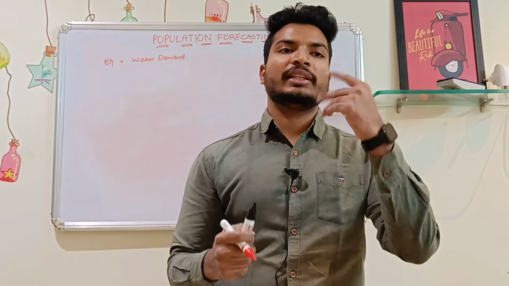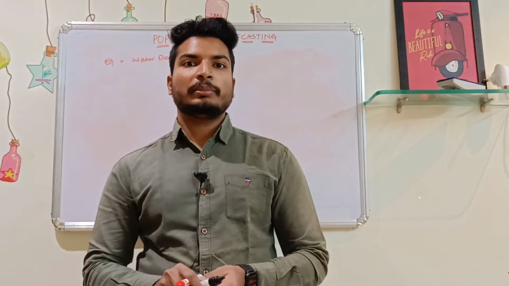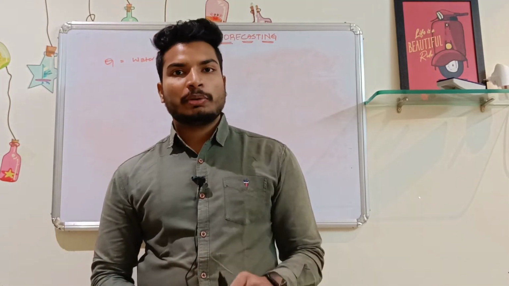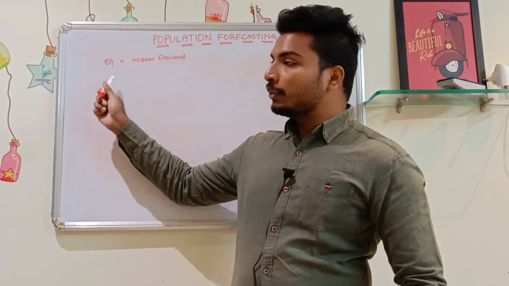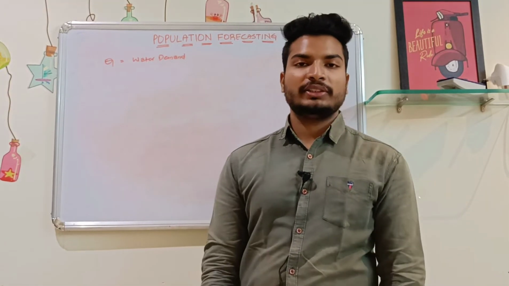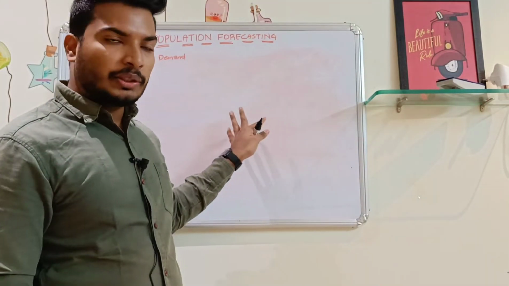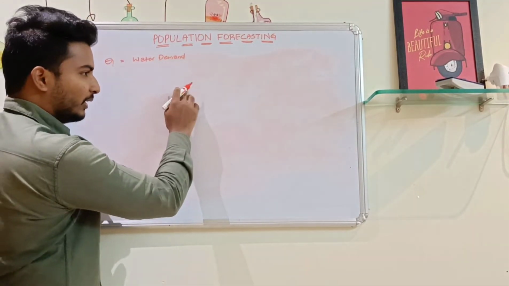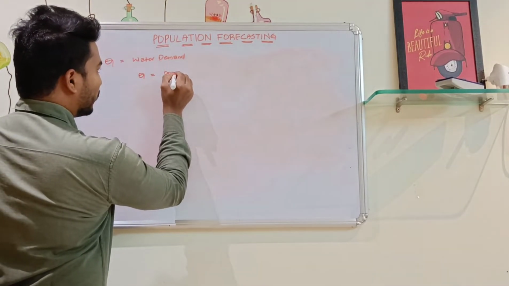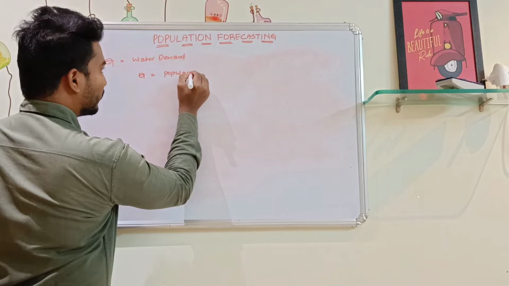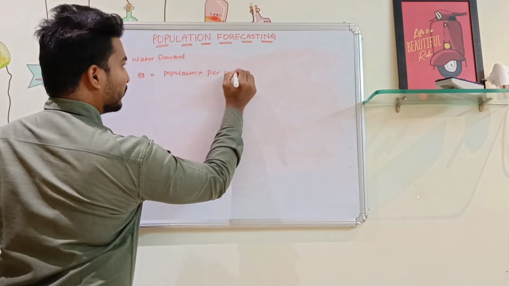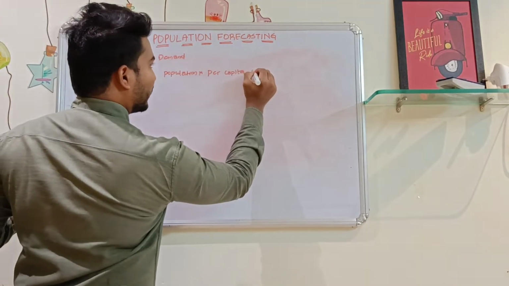For example, in 2030, the population in city X is calculated as 1 lakh. If there is a population of 1 lakh, how much water should I supply for the city? That you can calculate by water demand. So Q is equal to population into per capita water consumption.